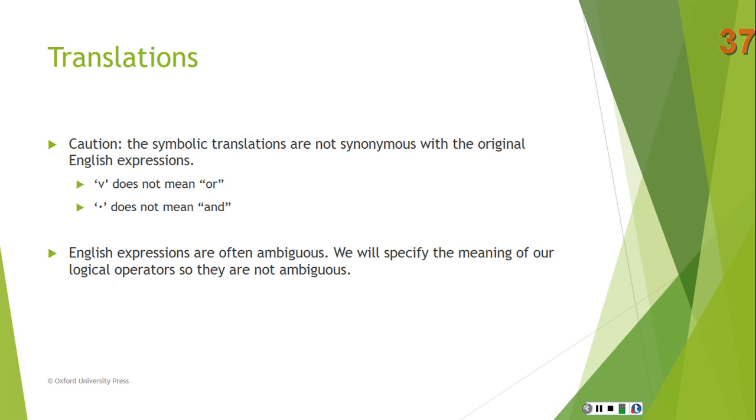I've just told you how to translate words from logical connectives from English into propositional logic. The reason we do this is because English expressions are often ambiguous, so you don't want to just say wedge equals or. So we're going to specify the meaning of our logical operators in such a way so that they're completely unambiguous.